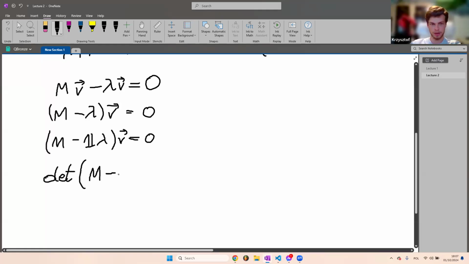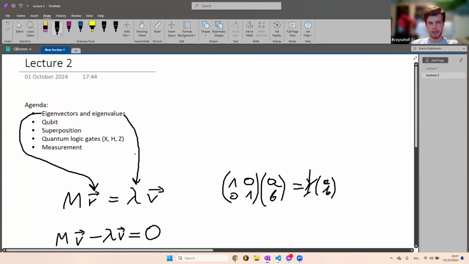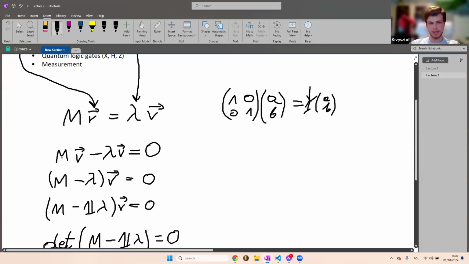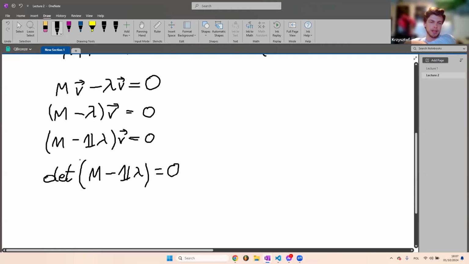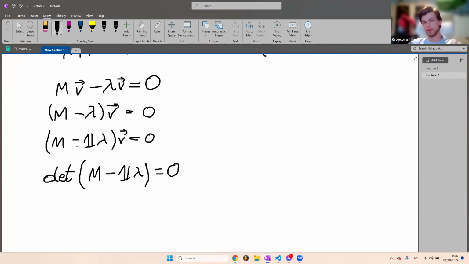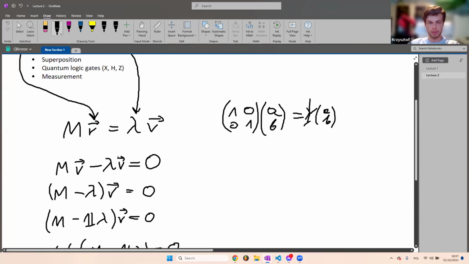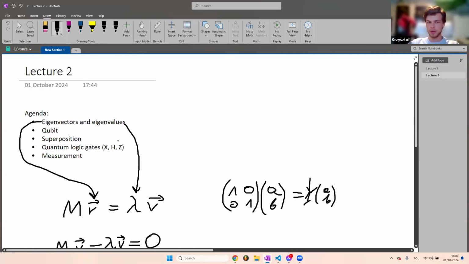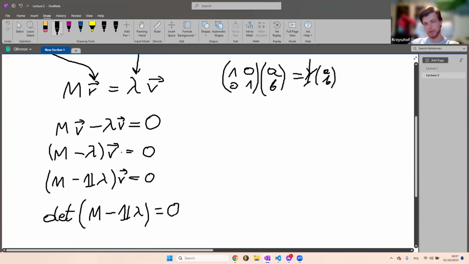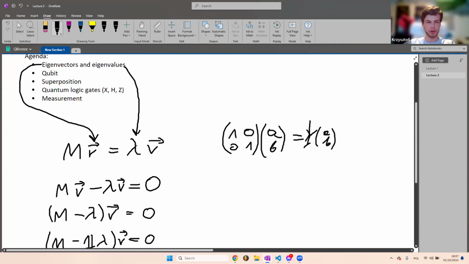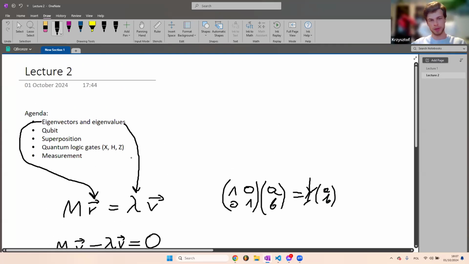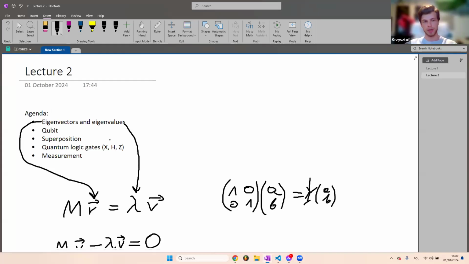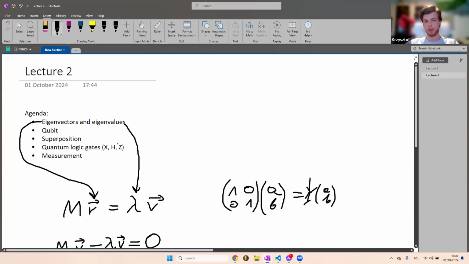So actually, we can say that this determinant must be equal to 0 in order to find eigenvectors and eigenvalues. This is the very basics behind this concept, and I'll try to give you more of an intuition rather than a strict mathematical proof. But later, when we talk about quantum logic gates, I will give you examples, and we will calculate both the eigenvectors and eigenvalues of those matrices, because I believe it's quite important to understand the linear algebra to move on with the next steps.